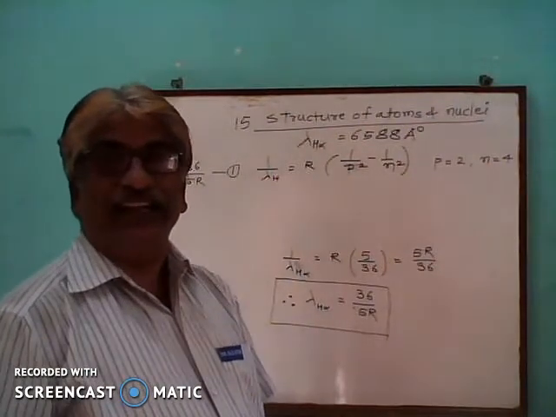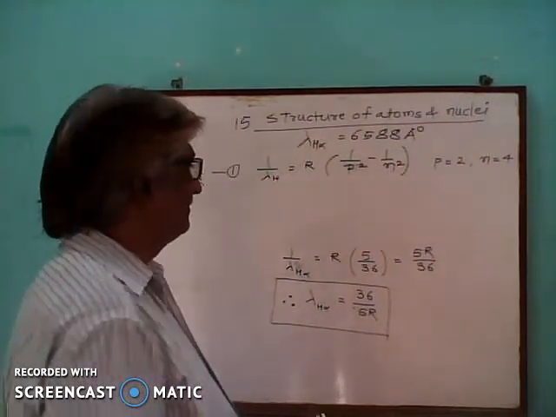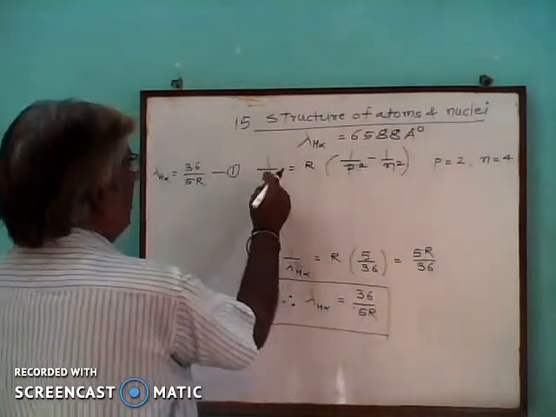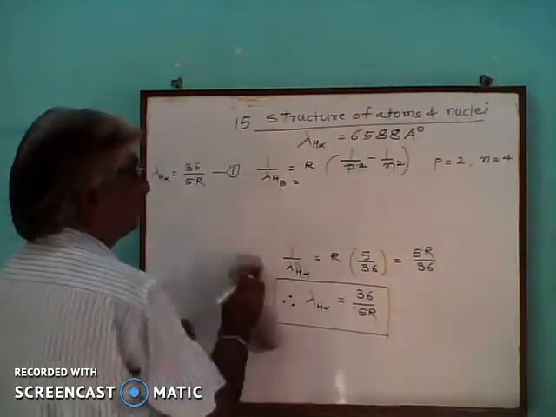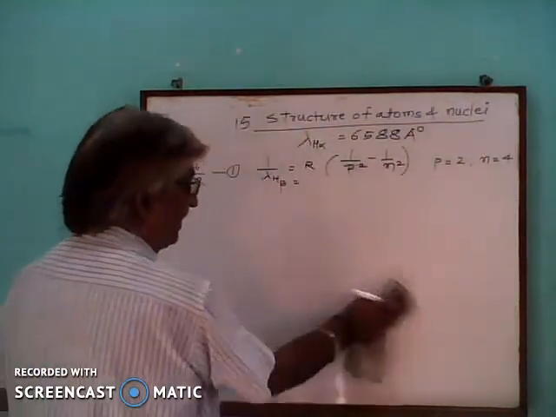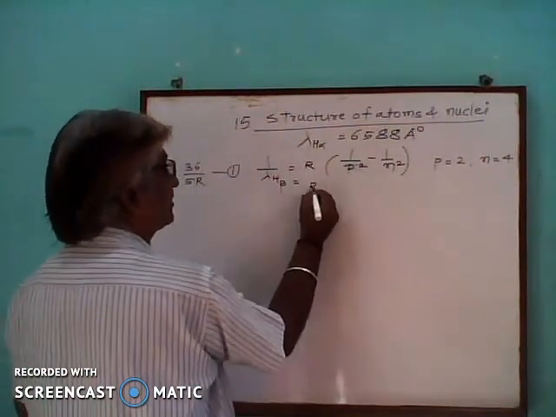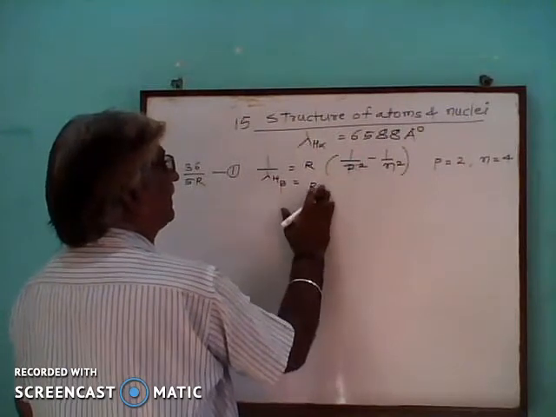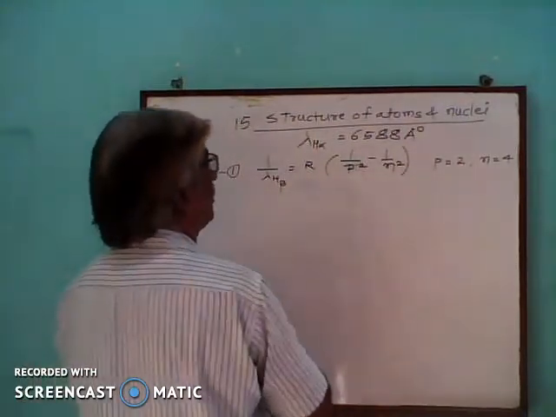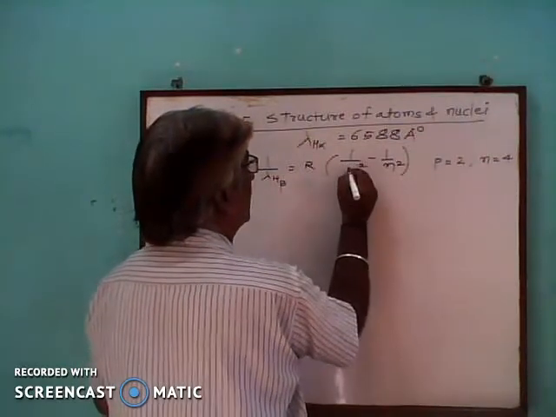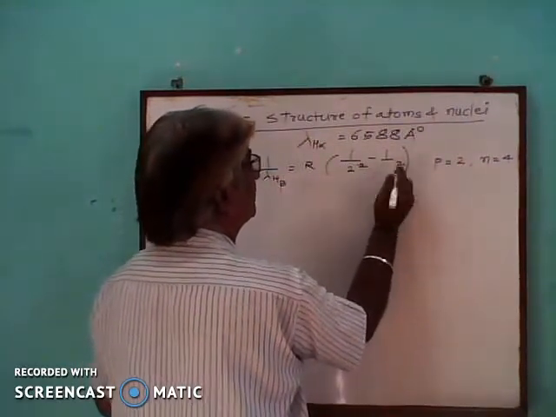For the second line, 1 upon lambda H beta is equal to capital R, that is Rydberg constant, in bracket 1 upon 2 square minus 1 upon 4 square.